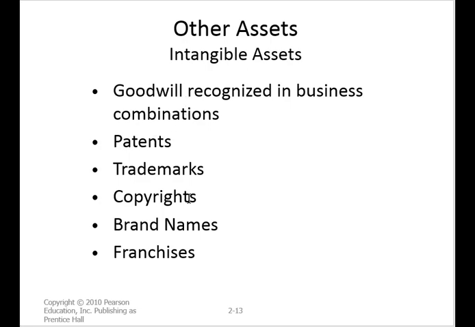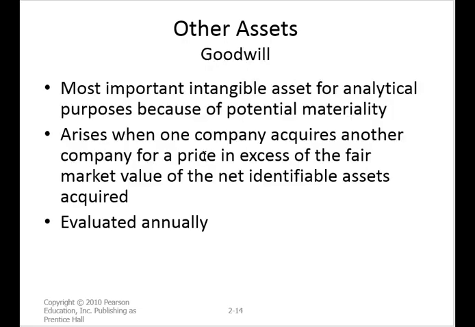And of course, these other things, I'm sure you're familiar with, that these are line items or items that the company holds that have value but cannot be touched. And again, as I mentioned, goodwill, right? It's a very important piece of the company because frequently it's a very large piece.